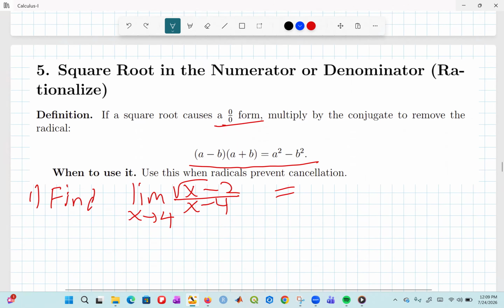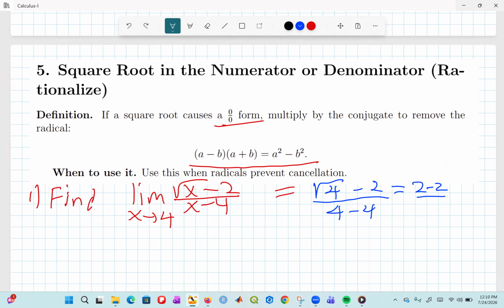Okay, as I told you, if we apply direct substitution, we get square root of 4 minus 2 over 4 minus 4. Square root of 4, we got 2 minus 2 over 4 minus 4, which is 0 over 0.